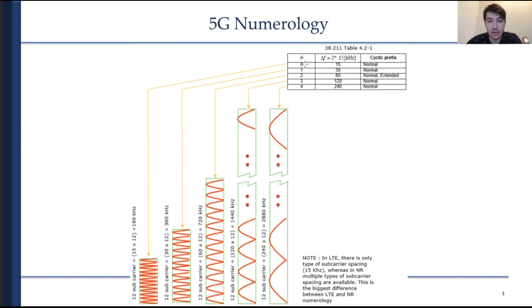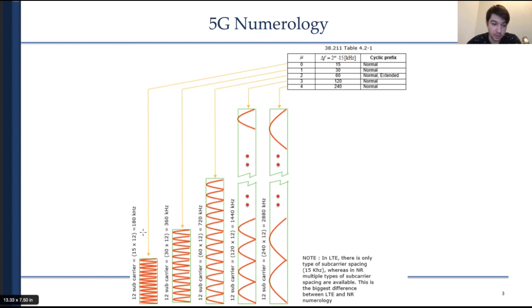So mu equal to 0 refers to a 15 kilohertz subcarrier spacing, 1 is for 30 kilohertz, 2 for 60 kilohertz, 3 for 120, and 4 for 240. We can see that as the subcarrier spacing increases, the size of the resource block increases proportionally.